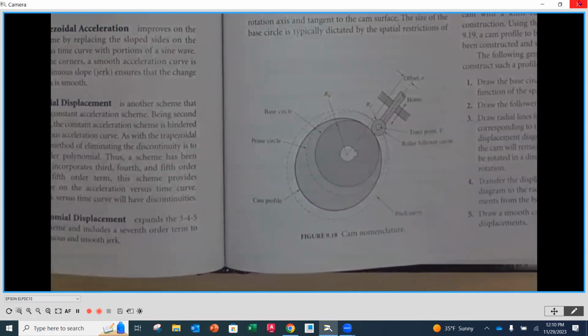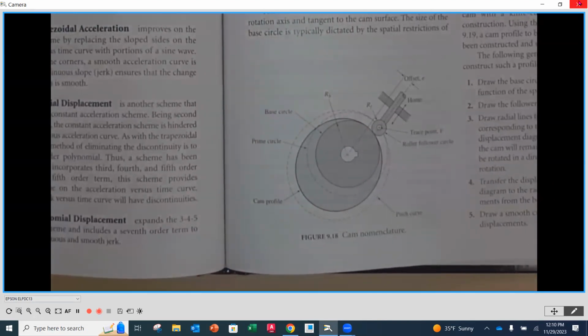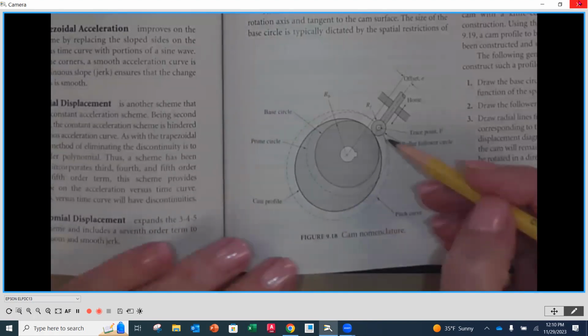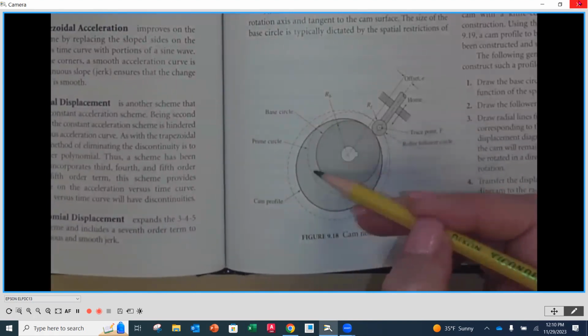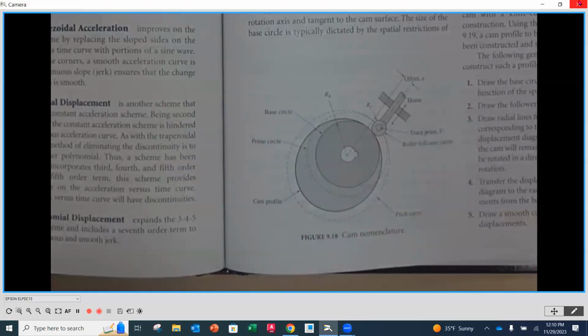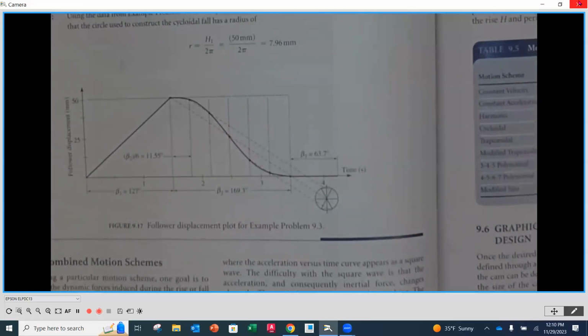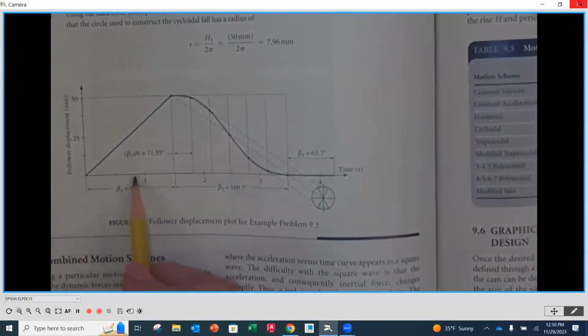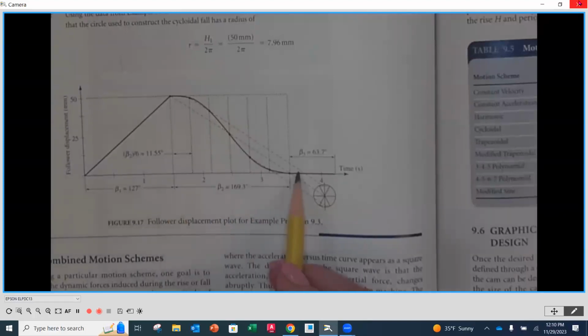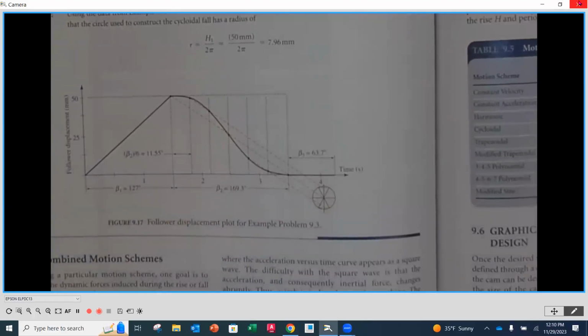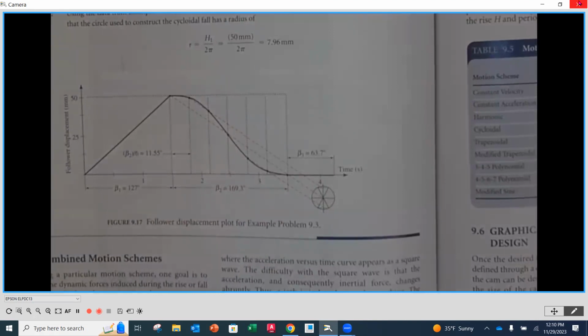Okay. Now, this is a nice illustration to show you how it relates to the displacement diagram. So if we look here at this base circle, if we just think about cutting it and then rolling it out, and we look at a displacement diagram, the one up here, that base circle is represented by this line right there. It's like our 0, our start point where everything is starting to happen.